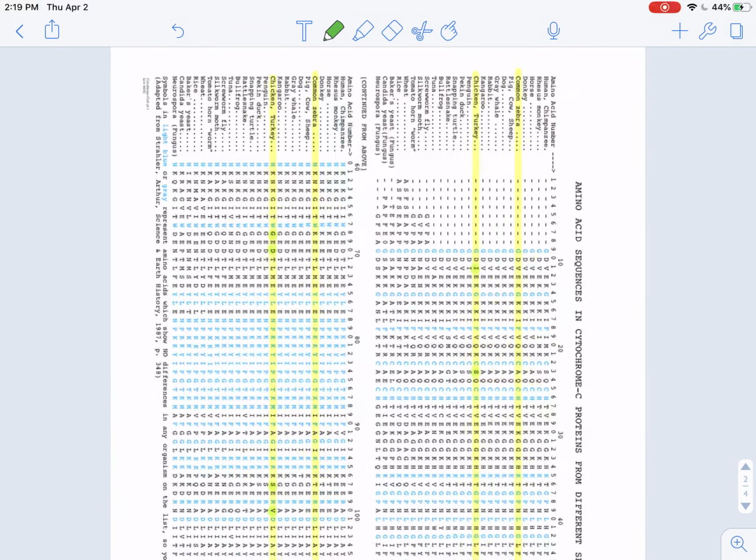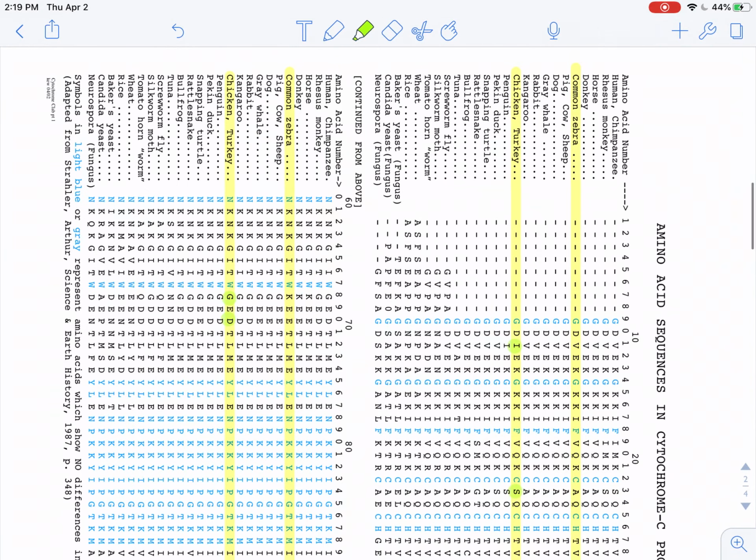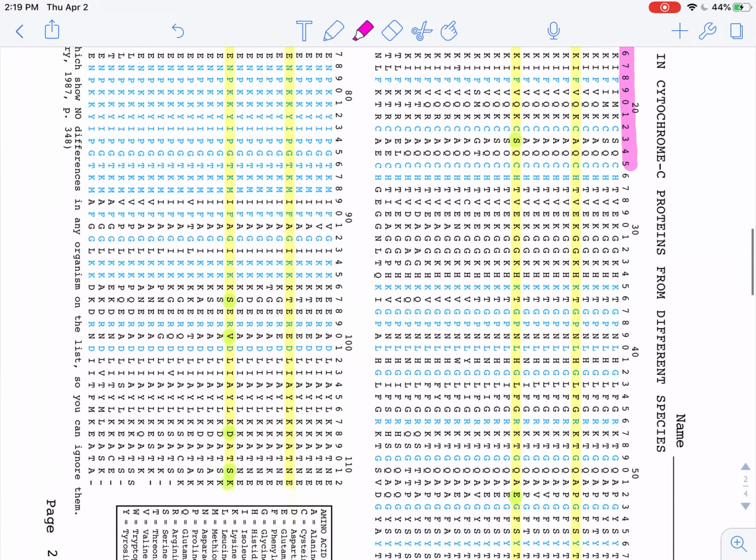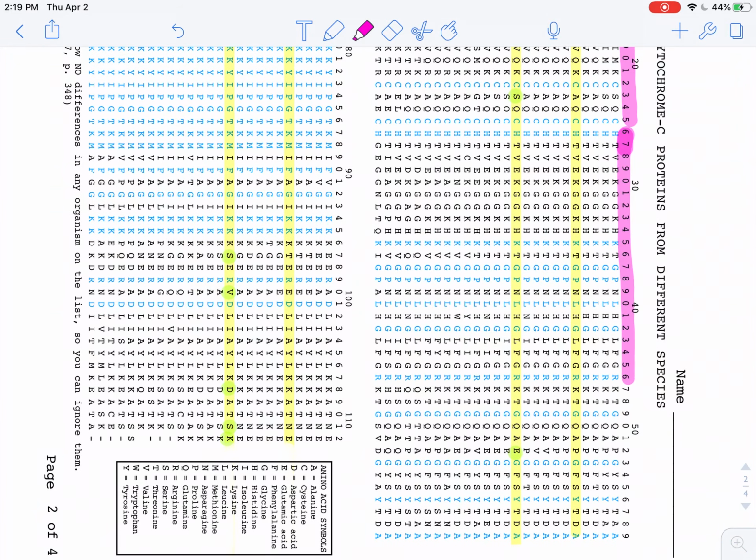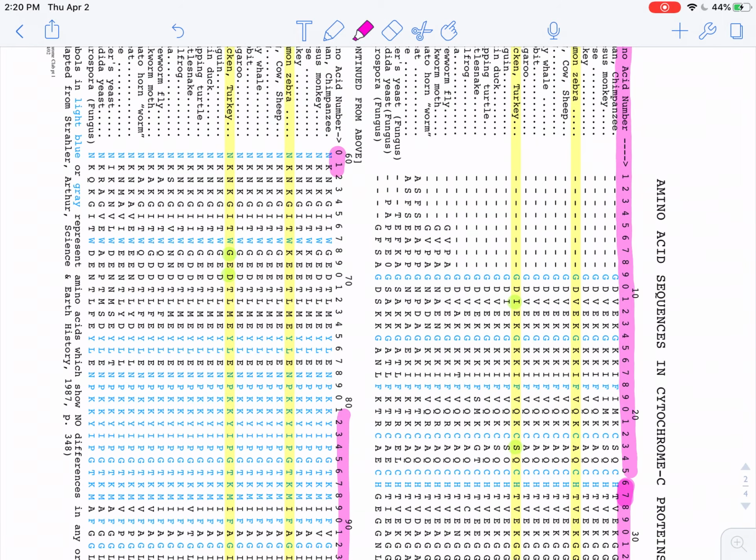I know that because up in the top row, the amino acid number starts out counting from 1 up through 10, 20, 30, 40, 50, 60, all the way up to 112. It continues on in the second row. They just didn't have enough room on one single page.